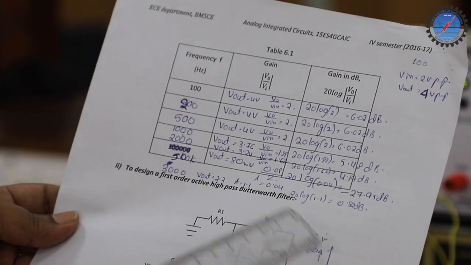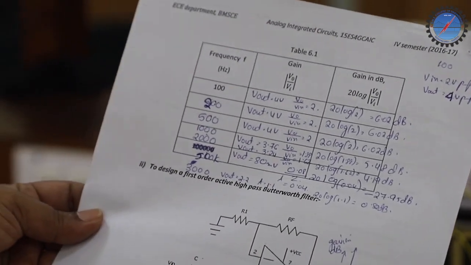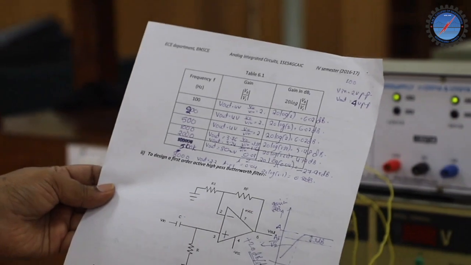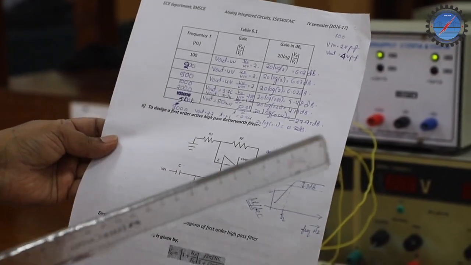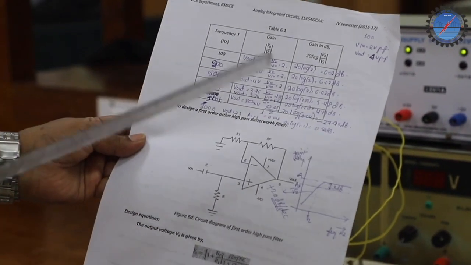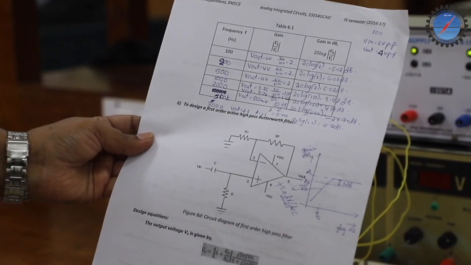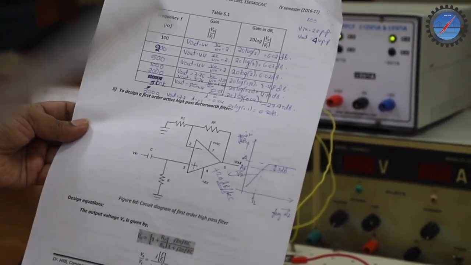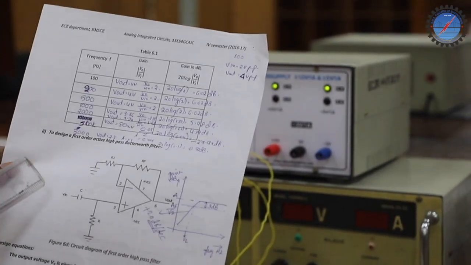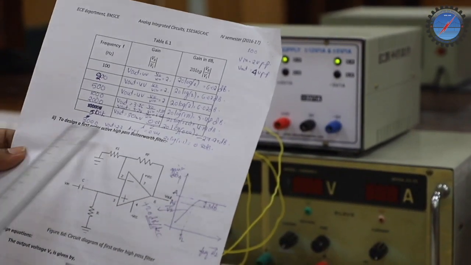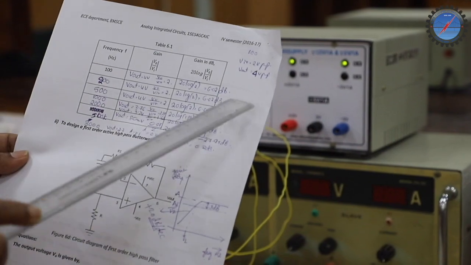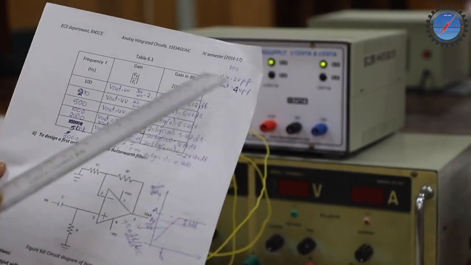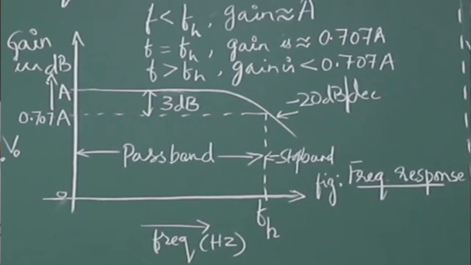So that means the low pass filter allows frequencies from 0 to the upper cutoff frequency, and once it reaches the cutoff frequency, our gain will reduce at a rate of 20 dB per decade. Finally you are going to plot the gain readings you have got, taking frequency along the x-axis and gain along the y-axis.